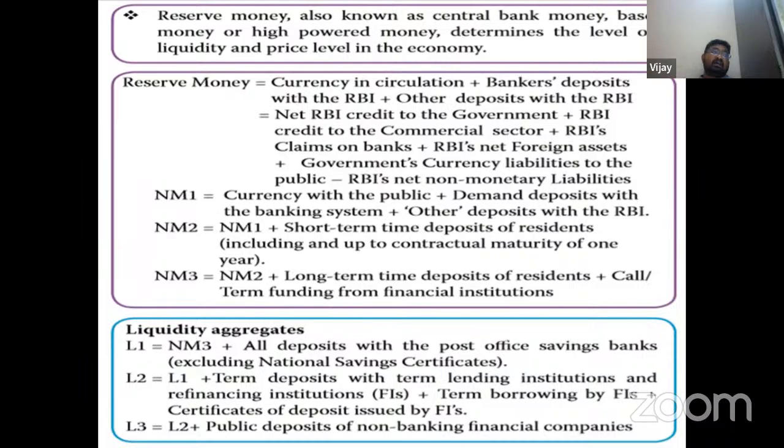For example, there are so many NBFCs, like City Financials, Bajaj Finserv, where they are also accepting deposits. All that is other than the banking system, that will also be taken into account.